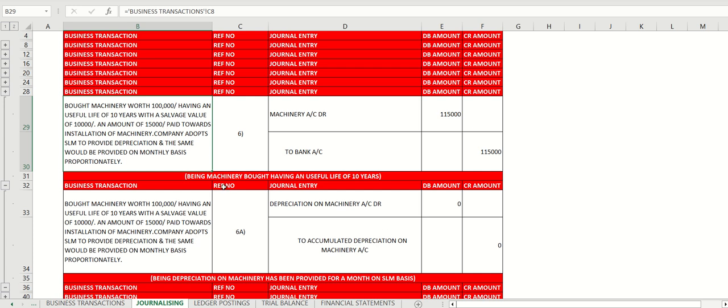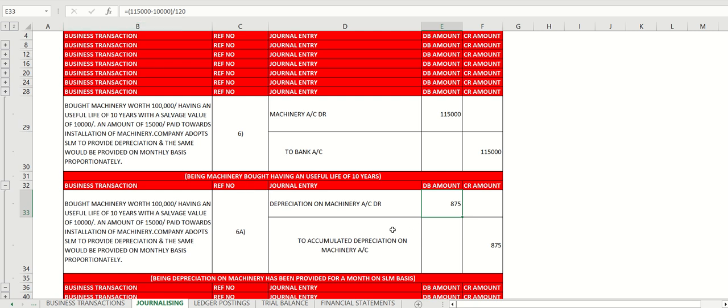So 1,15,000 minus 10,000, divided by 120 months. Got it? See, what is the depreciation for 1 month? My total cost, or historical cost or acquisition cost, of the machinery is 1,15,000. Of which, the salvage value is what will be generated when the machinery is sold after 10 years, in the 10th year, which is 10,000.